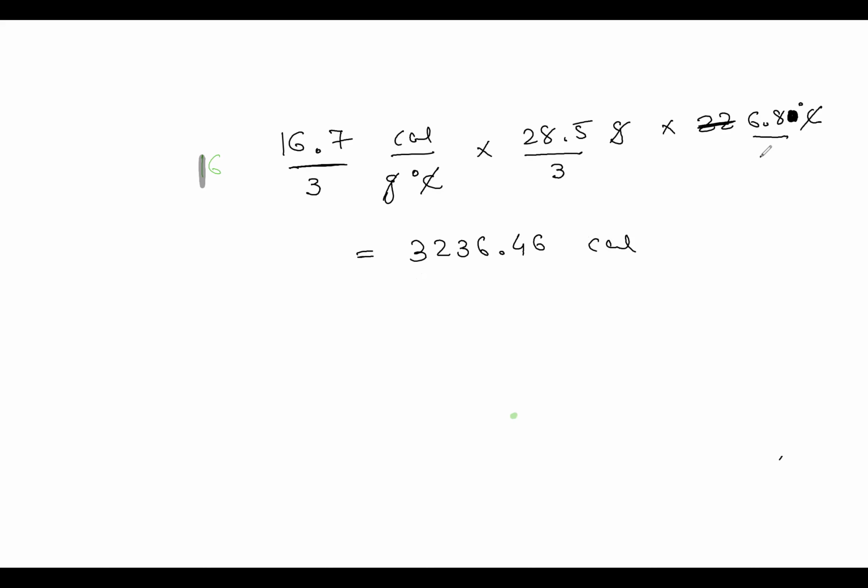The third number has two significant figures. Everybody agree? What does it mean? Your answer must have only two significant figures. Is that right, everybody? Right, so the answer should have only two significant figures.